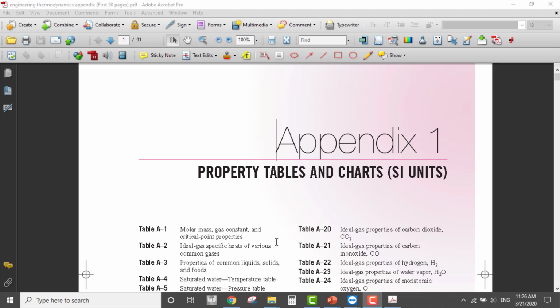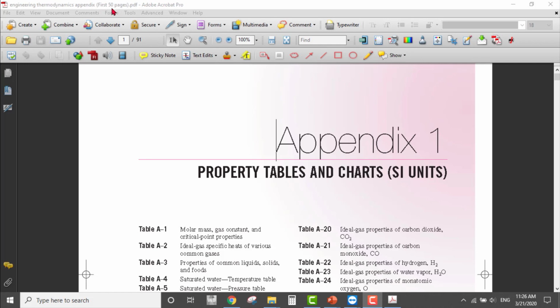Now, if you go to the Moodle, you will find this folder, which is Engineering Thermodynamics Appendix, first 50 pages. I need you to print out the first 50 pages.